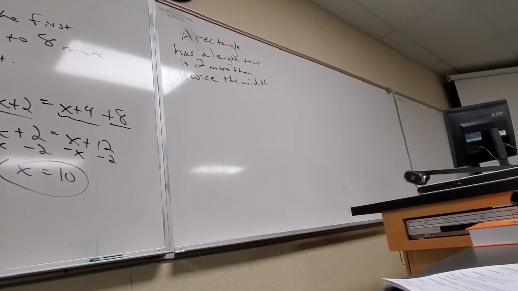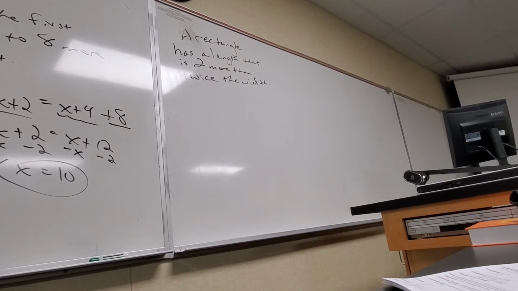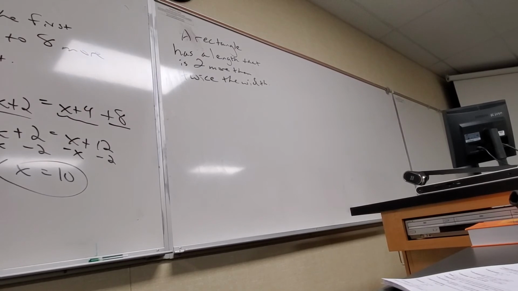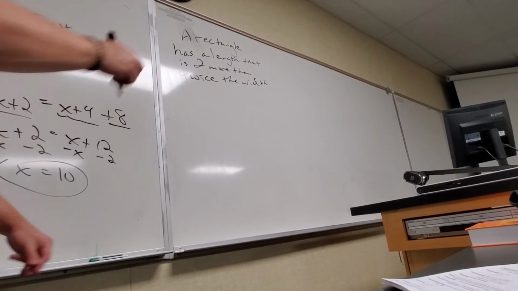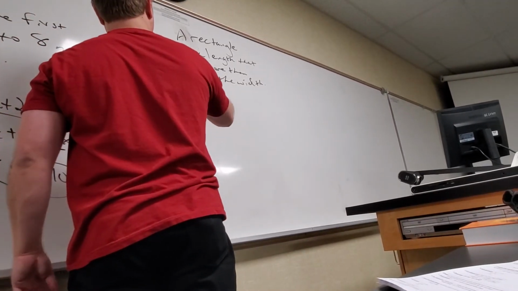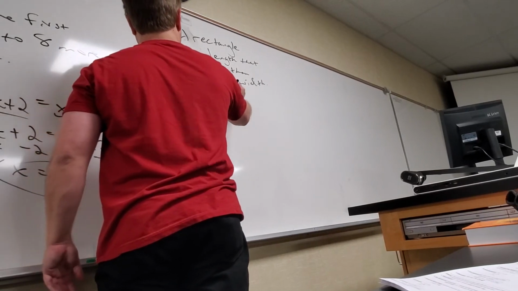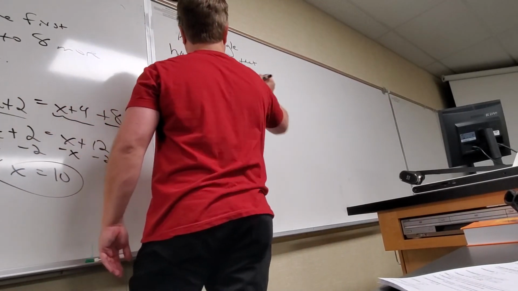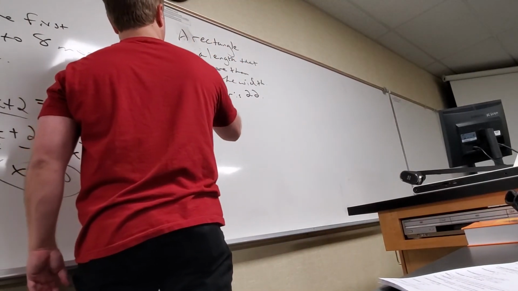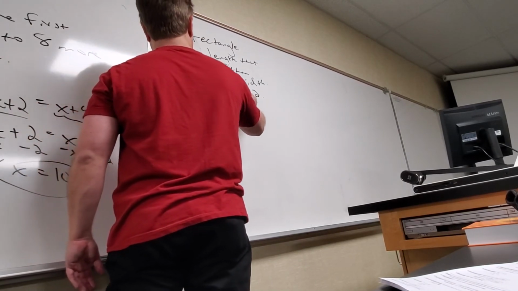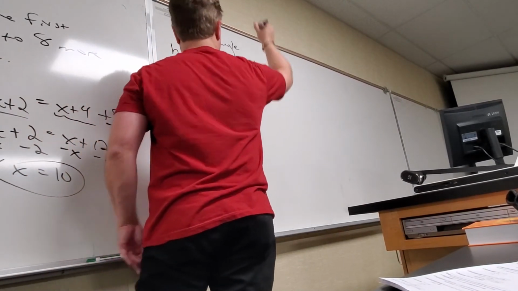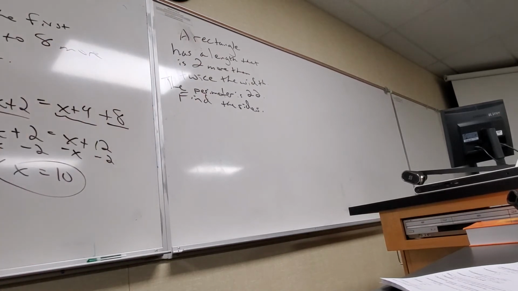There's not like a ton of stuff going on there yet. All right, maybe I should make one that works. Let's see. Oh, yeah, the perimeter is 22. Find the side lengths. So the length and the width.